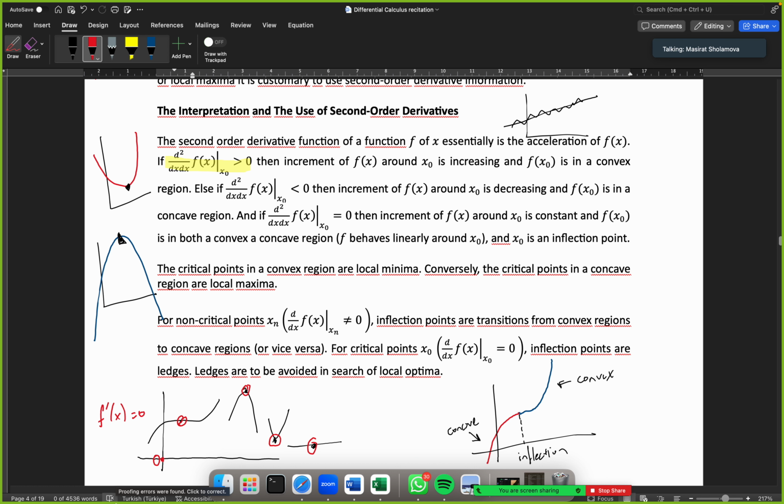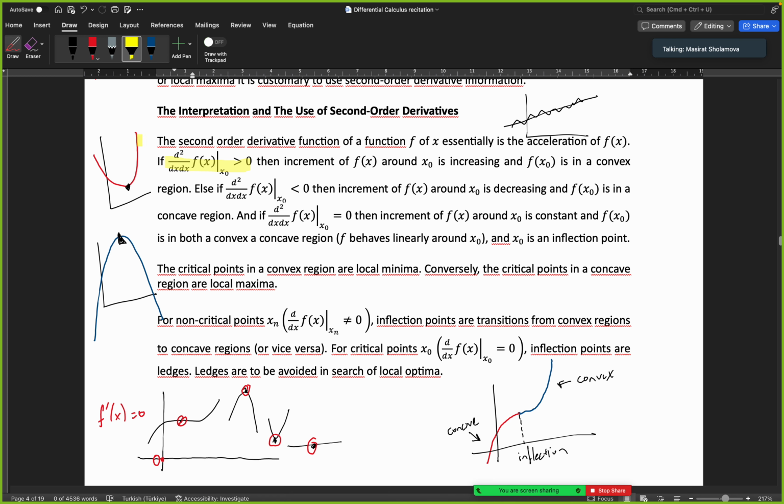And teacher, in second order derivative, if it is negative, that means it is 0 or it is like concave? When the second order derivative is negative, you have something similar to this, which means the function is curving downwards, which means at some point it will reach a local maximum point.